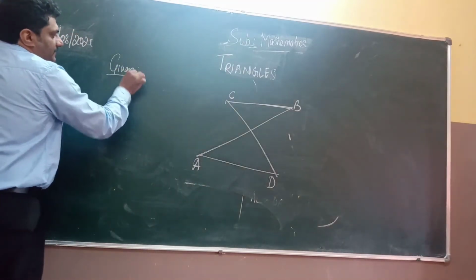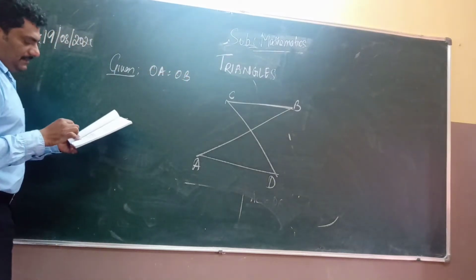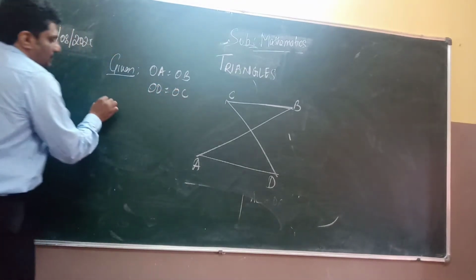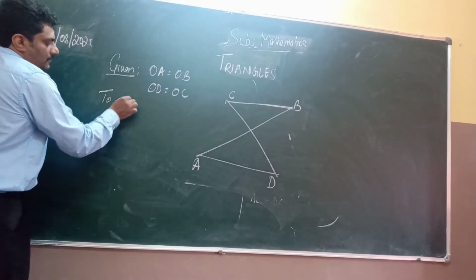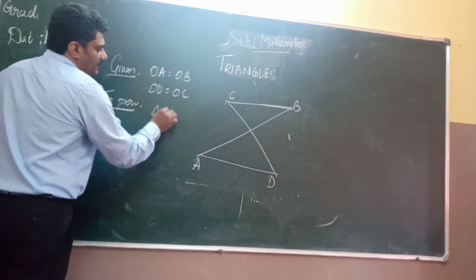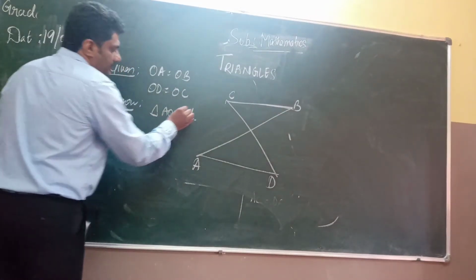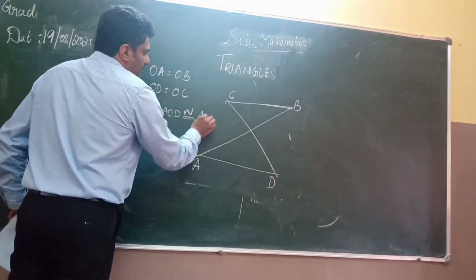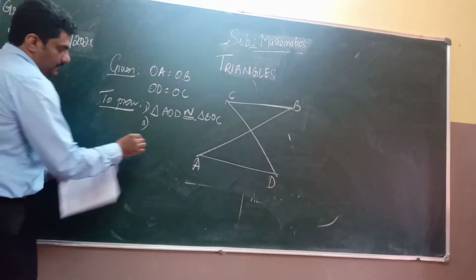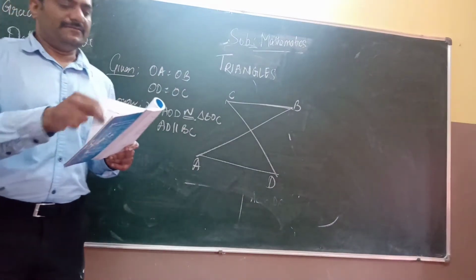Write it as given: OA is equal to OB, and OD is equal to OC. What do we have to prove? We have to prove that triangle AOD is congruent to triangle BOC. This is the first one. Second one, AD parallel to BC. These are the two things which we have to prove.